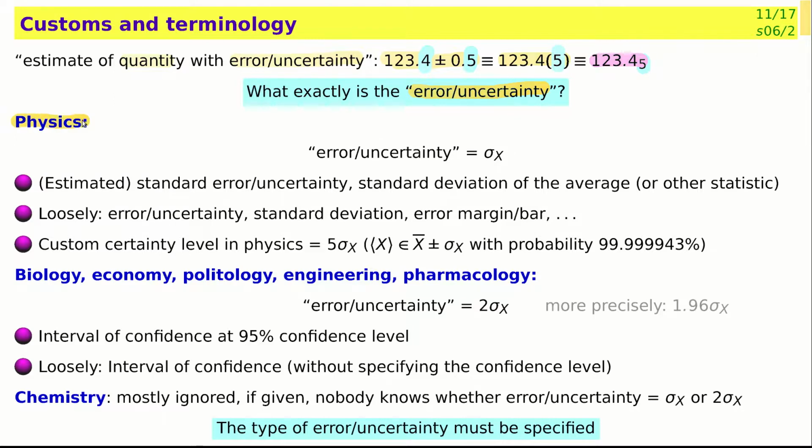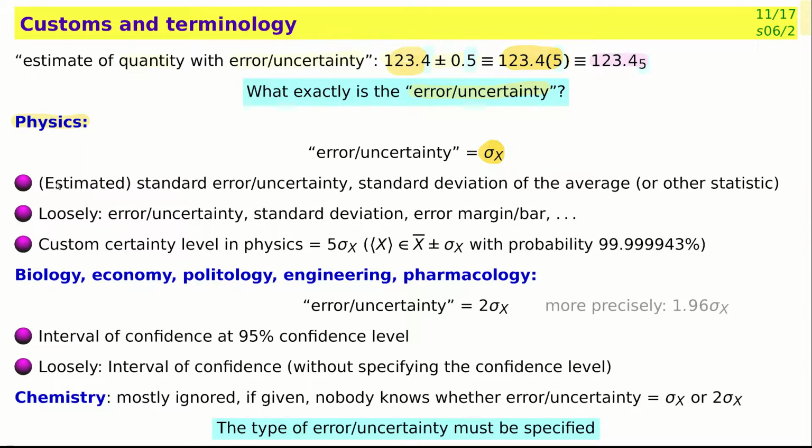In physics, what is written here, or often here, is 1 sigma, or standard error, standard uncertainty of the quantity or of the statistic.